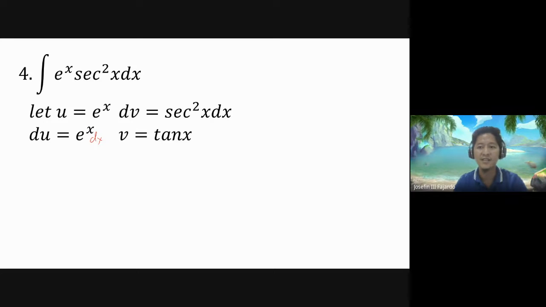Gawin natin na u natin ay e to the x, dv natin ay secant squared x dx. So, du natin ay e to the x dx. And then, ang v natin will turn out to be tangent x, right? Can you follow? Apo, sir.